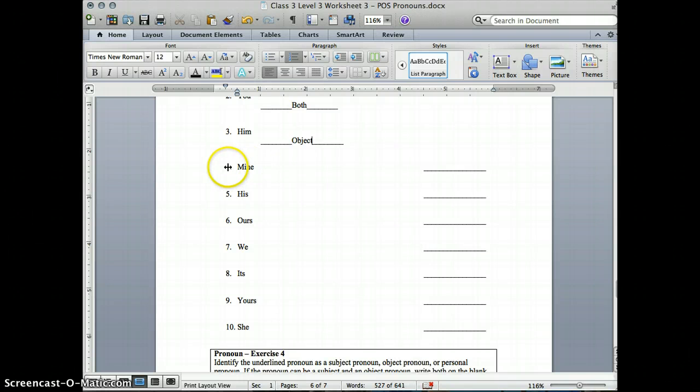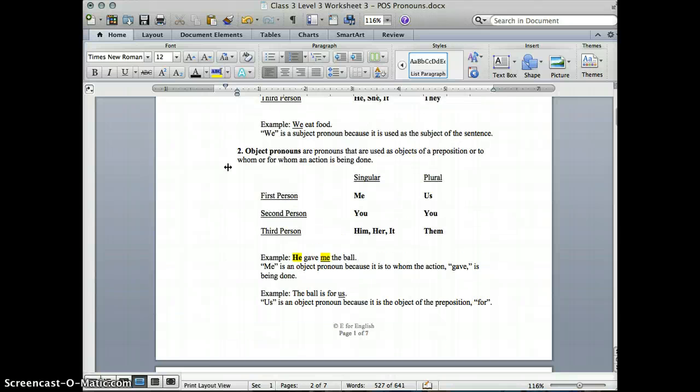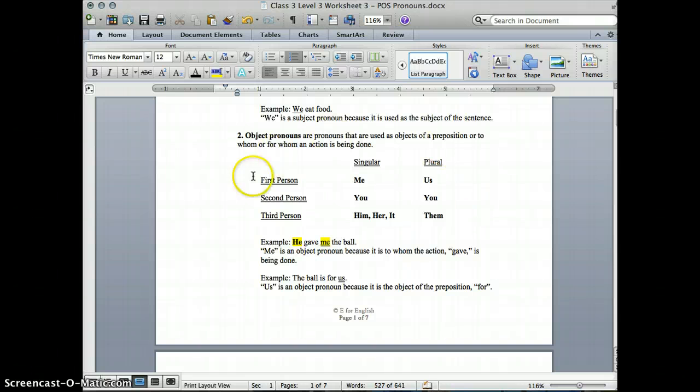Let's try number 4 together. Okay, so let's go back up to our tables. So it was mine. Is mine up here anywhere in a subject pronoun? No, I don't see it. How about here in our object pronouns? Is mine here? No, it's not. So then where could it be?